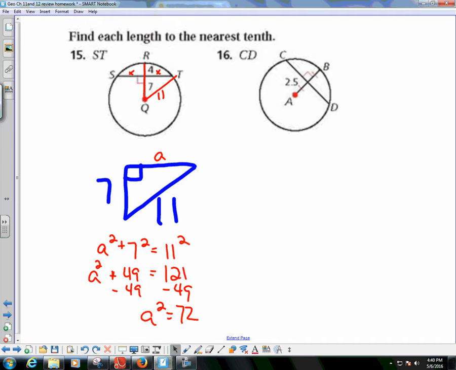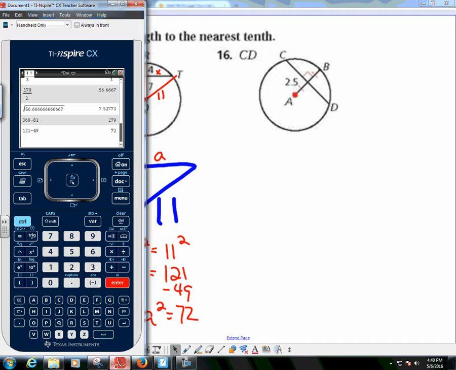I'm going to take the square root of 72 because it says to the nearest tenth, so I don't need to simplify this in radical form like we've had to do for some of the other ones. A is plus or minus 8.485.